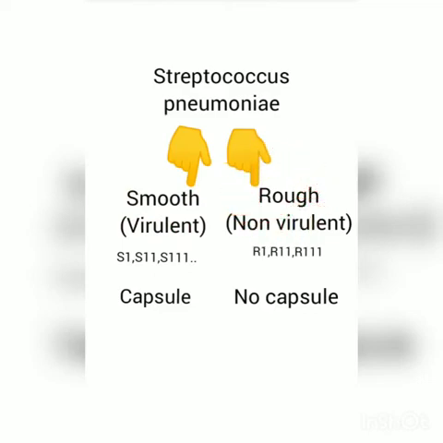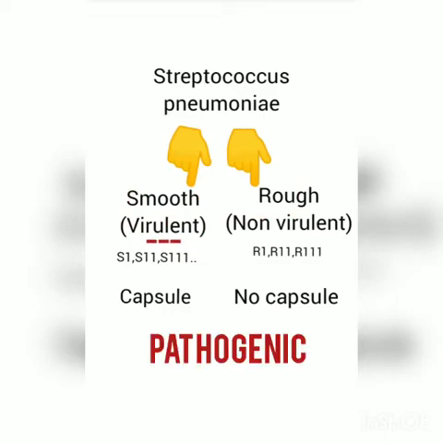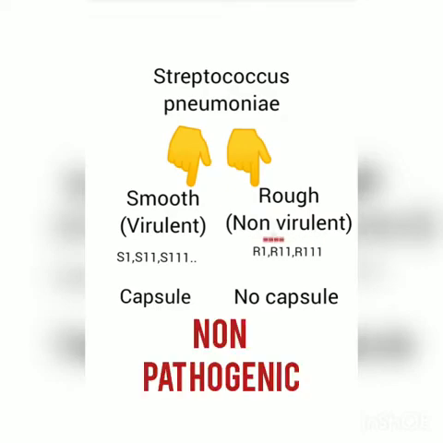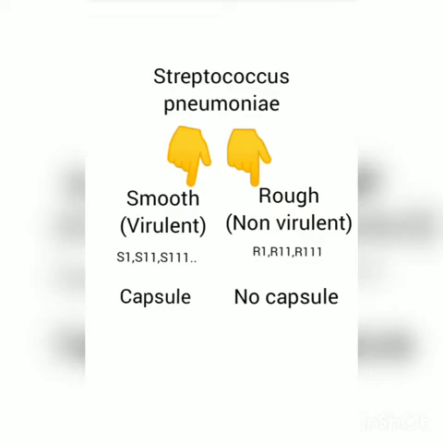The smooth type is a virulent one, which means it is a pathogenic type, and the rough is a non-virulent one, that is, it is non-pathogenic. The smooth and the rough types are further subdivided into various strains like S1, S2, S3 and R1, R2, R3.